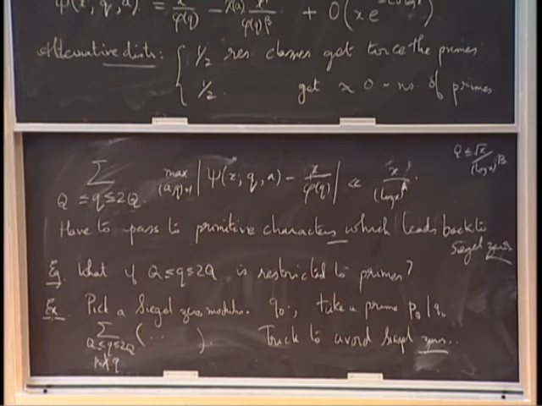I still have maybe 15, 20 minutes left, so I will say a little bit about the exponential sum that you can form with primes, for which much of the techniques that we've discussed will apply and give you some nice results.